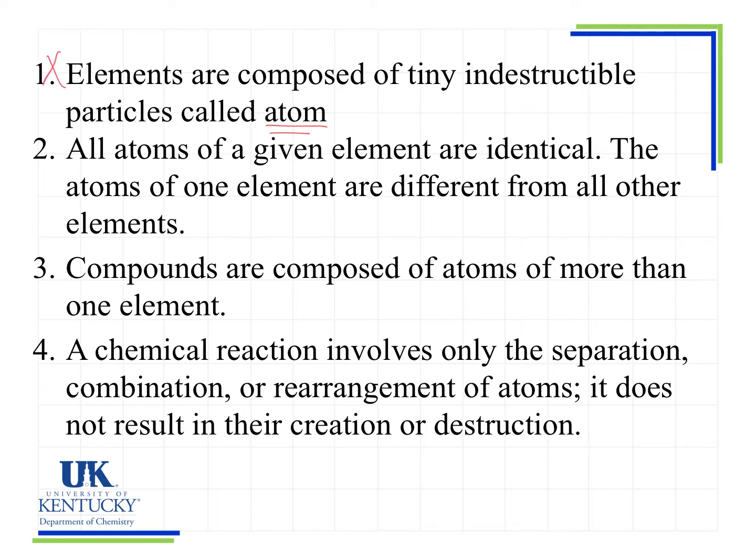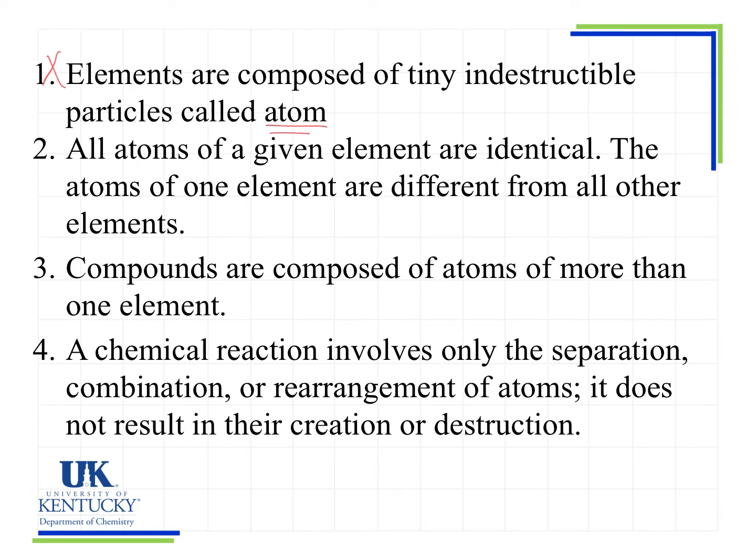We know that now they can break atoms and form new atoms, and that's what is called nuclear chemistry. In the field of nuclear chemistry, atoms could be changed or destroyed. So it's mainly true, but not for all kinds of reactions. In the nuclear chemistry world, this statement is not true.